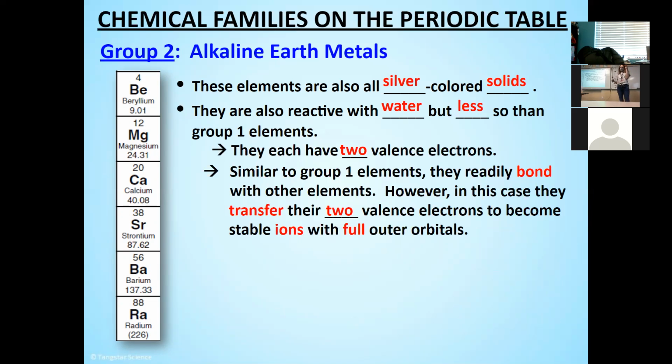It is very, very common to confuse isotope and ion because they both start with the letter I. Remember, iso means the same. Ion, I don't have anything for you to remember that. But if you remember that iso means the same, it'll help you in science for the rest of your life.